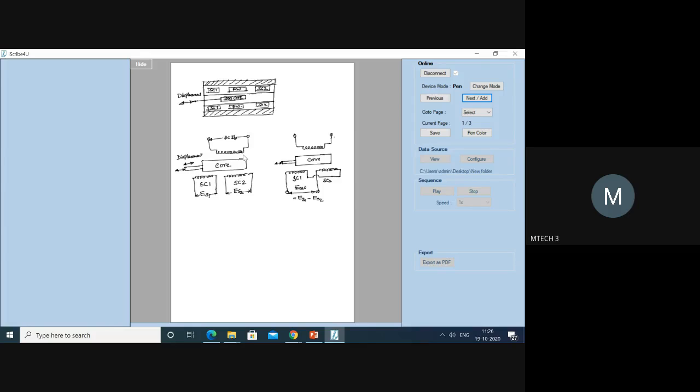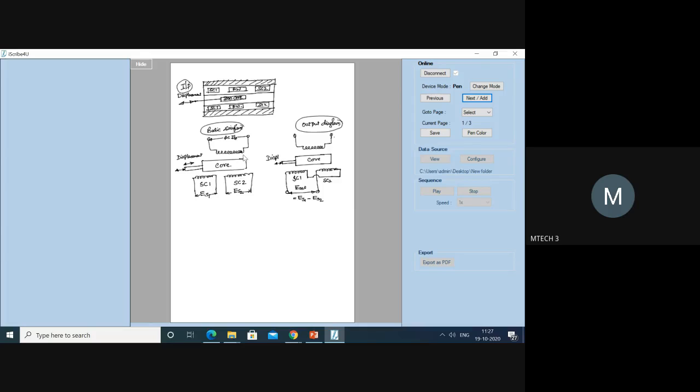So this was the basic diagram, and this is going to be the output diagram. Now displacement is the input, and the output is, in this case, E out.